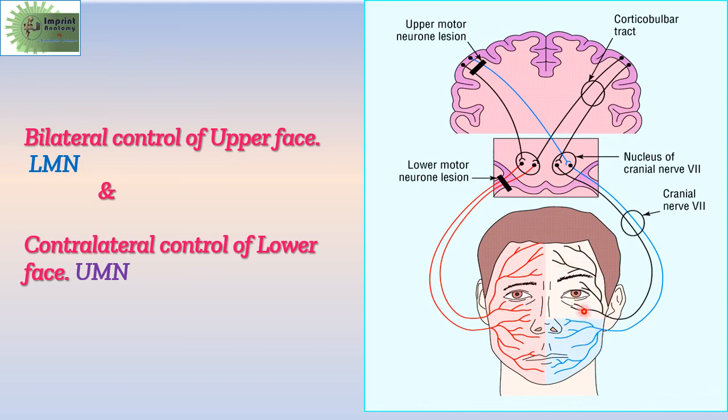The upper face of the opposite side is spared because it also receives fibers from the other side. That's why if there is only one side lesion, the upper face is spared, or it is not affected by the lesion.